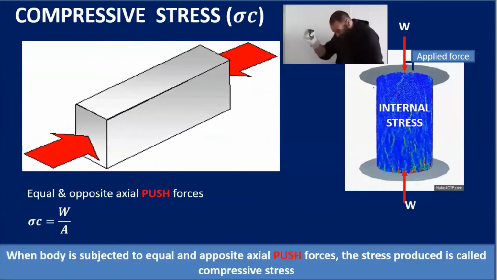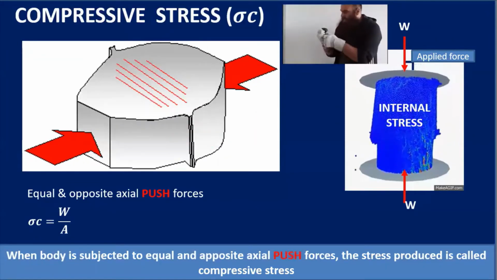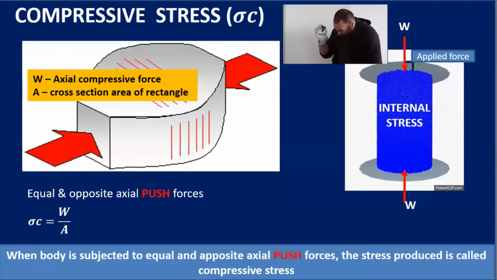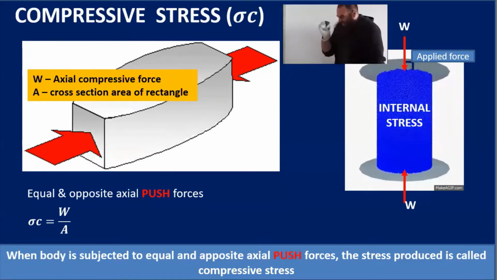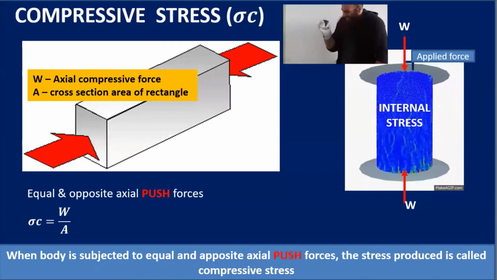So compressive stress is given by load upon area. W is the axial compressive force and A is the cross-sectional area of this rectangle.